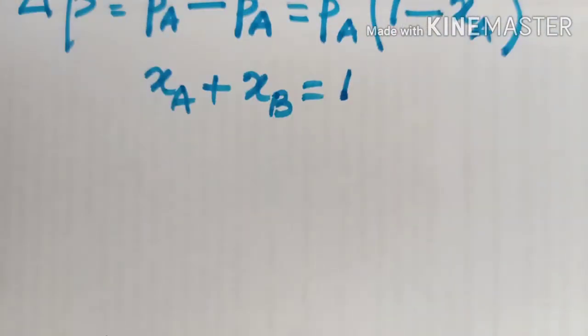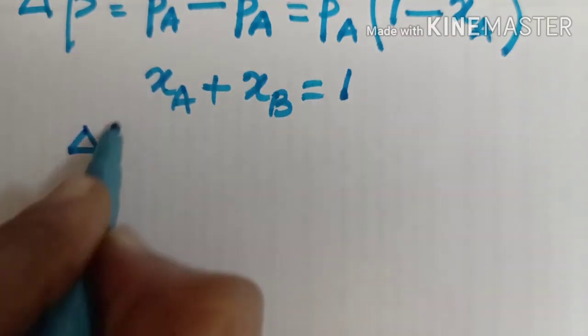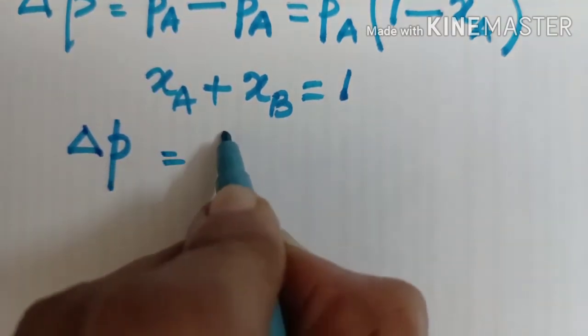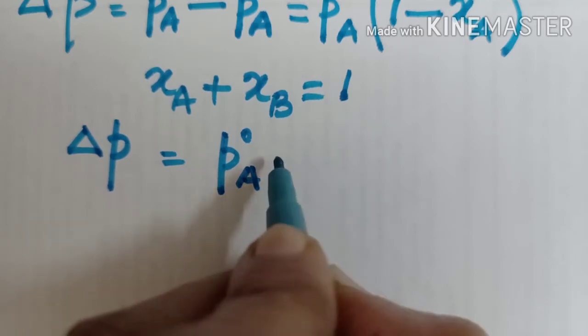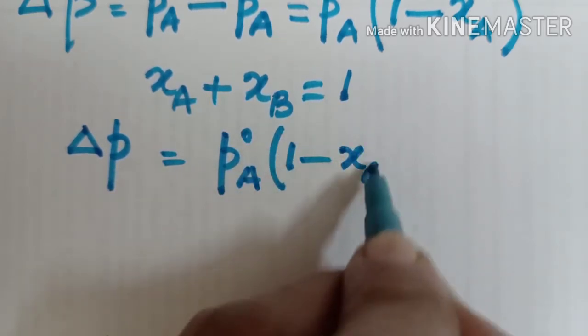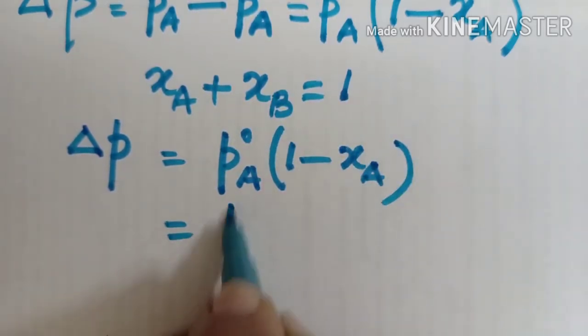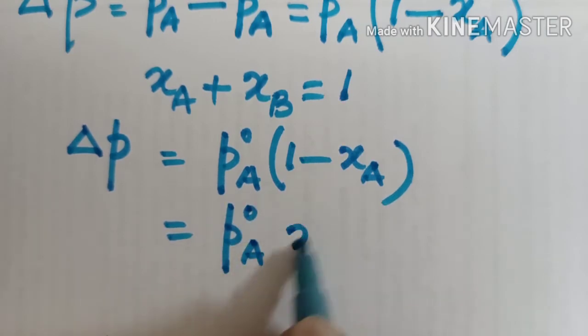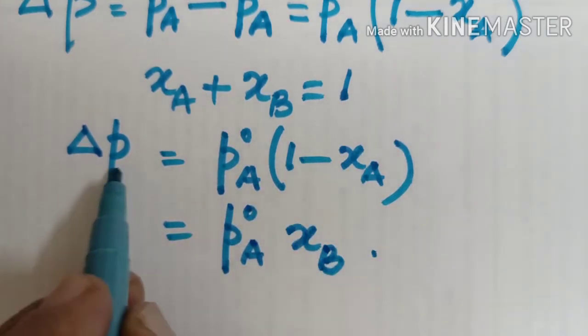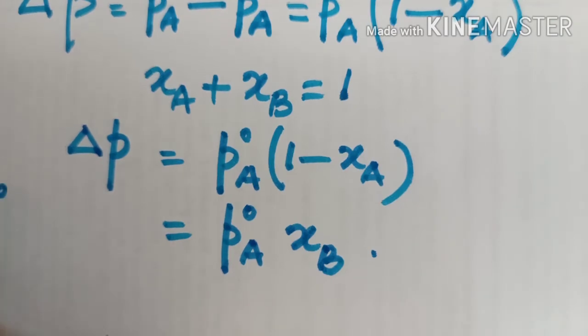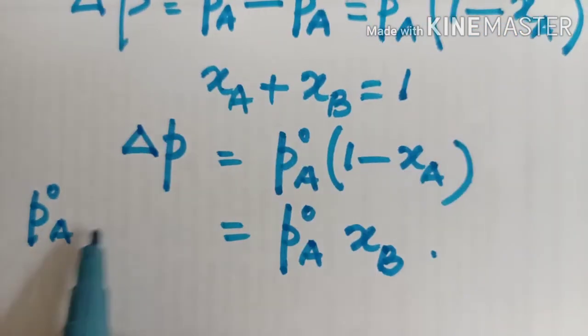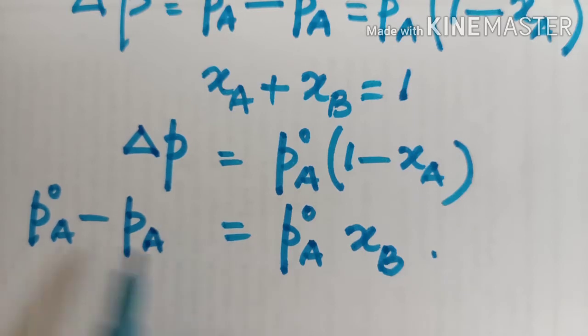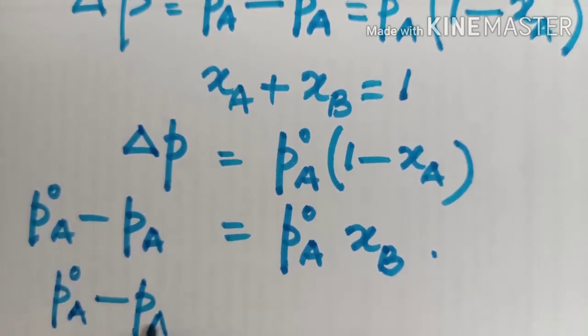That means delta P is equal to P0A into 1 minus XA, which can be rewritten as P0A into XB. Delta P is P0A minus PA, so P0A minus PA divided by P0A is equal to XB.